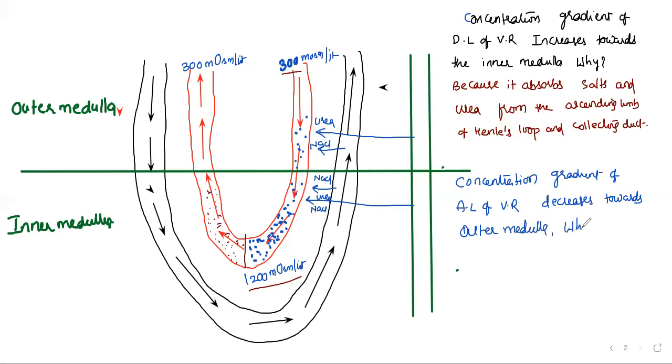That's why I'm making some mistakes, because we have four statements like this. One is with inner medulla, one is with outer medulla, one is with ascending limb, the other is with descending limb. Okay, we wrote that for the outer medulla. Why?